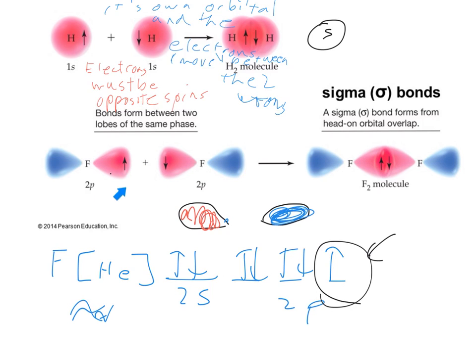So here, for our fluorine-fluorine bond, we're bringing the red ends, or the red phase, of two p orbitals together. Just like before, in order to form this bond, they have to have electrons of opposite spins. So we've added an additional condition. First, we had to have electrons of opposite spins in our orbital, and now the orbitals have to have the same phase.